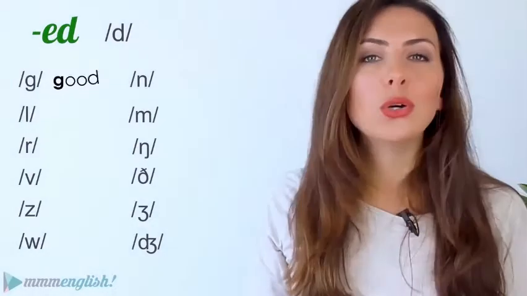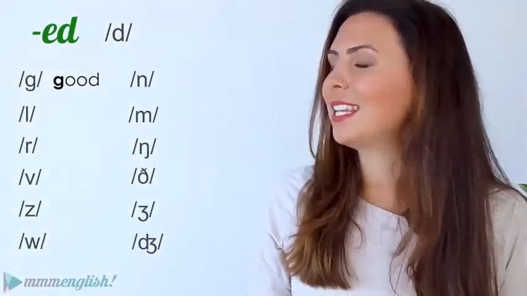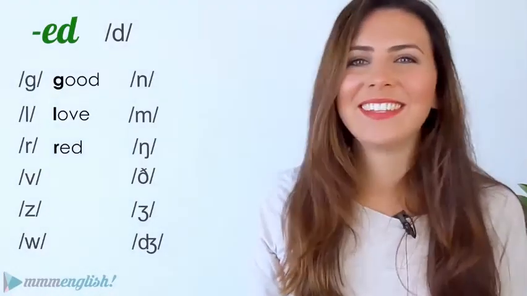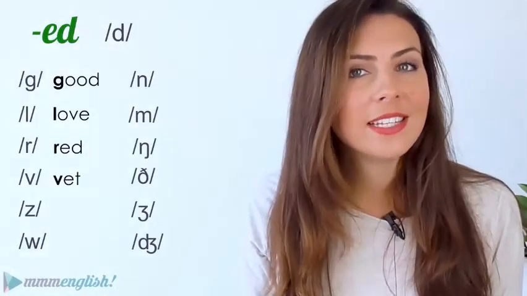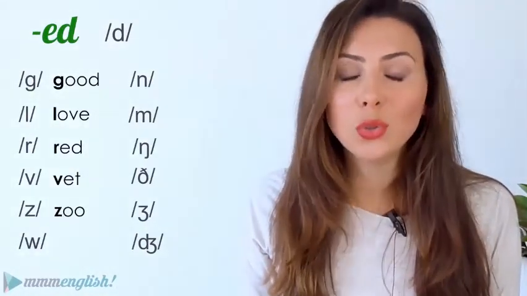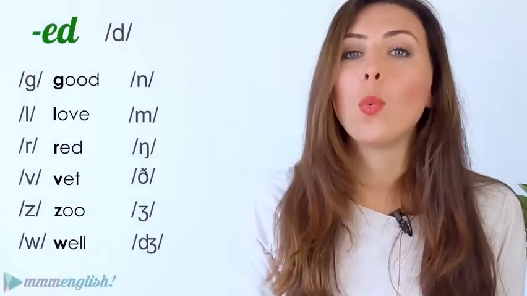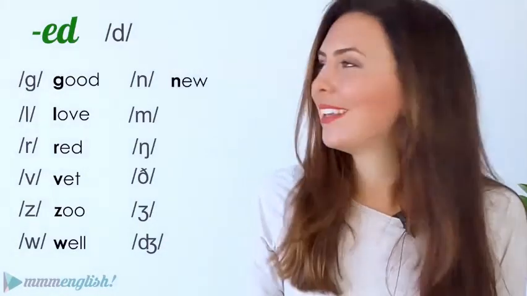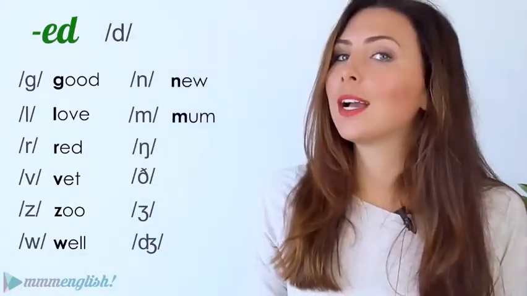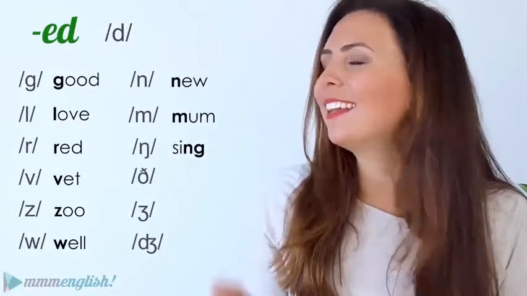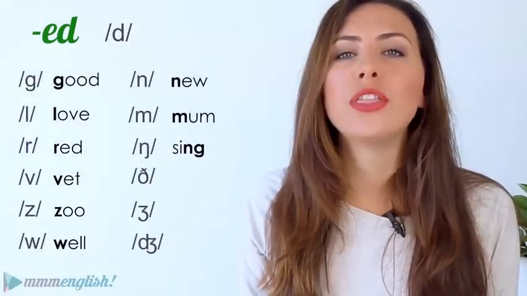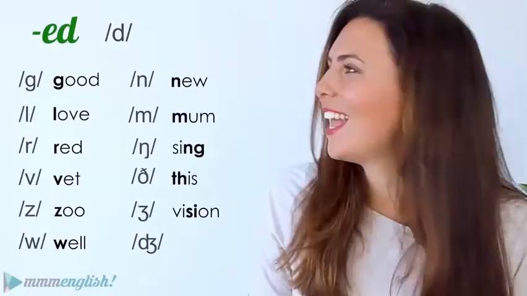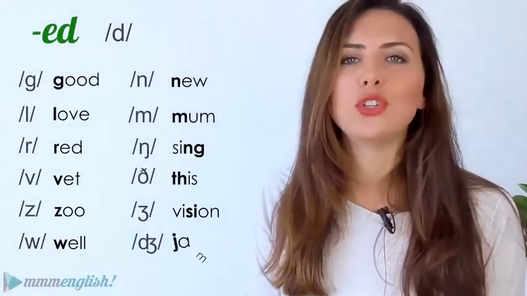G as in good, L as in love, R as in red, V as in vet, Z as in zoo, W as in well, N as in new, M as in mum, NG as in sing, TH at the end, V as in this, J as in vision, and J as in jam.